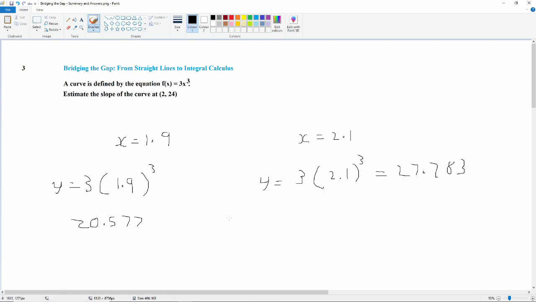Okay, so our slope is delta y by delta x.